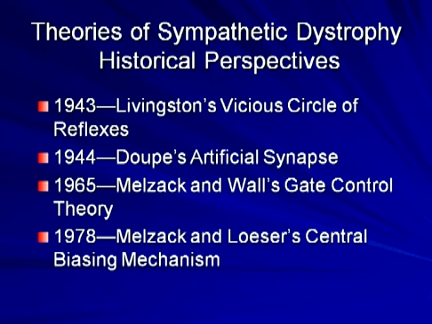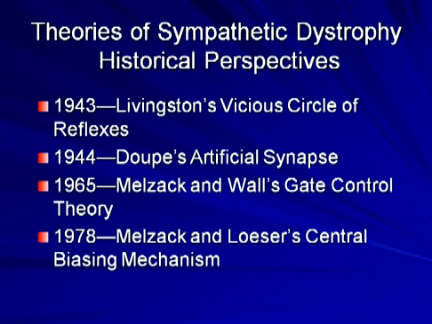Melzack and Wall's gate control theory, and Melzack and Loeser's central biasing mechanism, proposed that the central neuromodulating process of the individual had gone awry, and that painful stimuli were not being inhibited as you would expect normally.